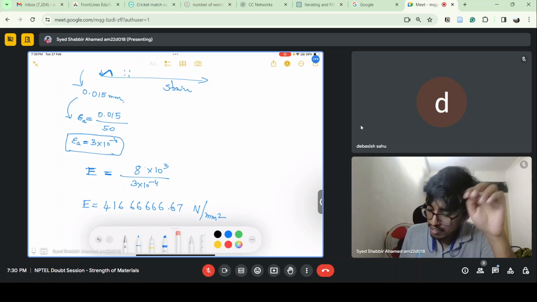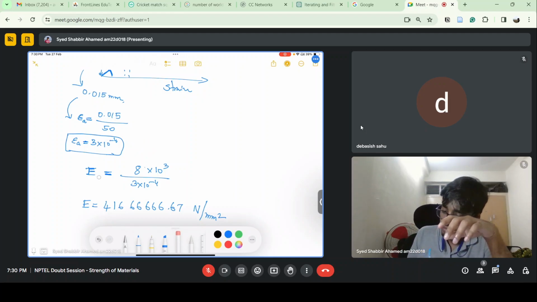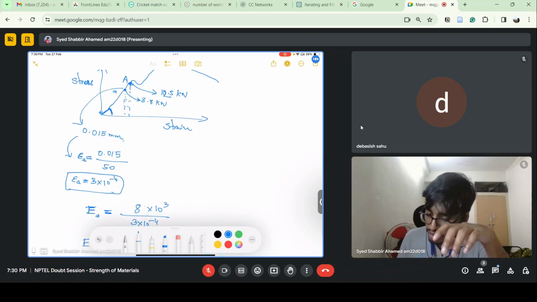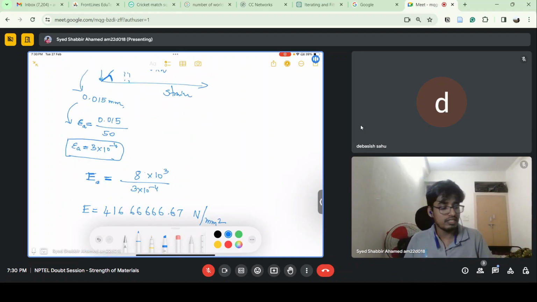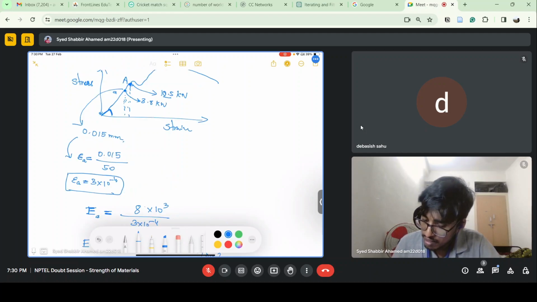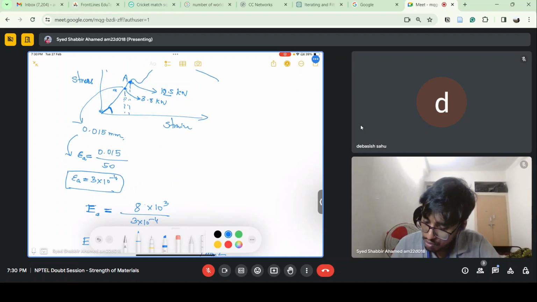The load and elongation at this point are known, so I can directly use this. I don't need to use 12.5, which is the proportionality limit. So up to this point only, I'll take this slope and calculate it.